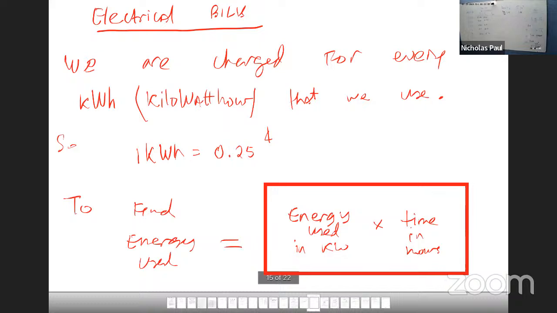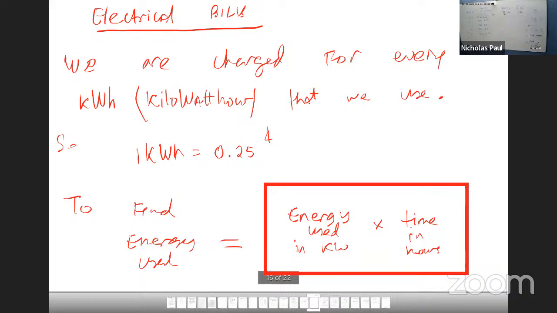You multiply the kilowatts and the hours, so that's good. Time is in hours, right? But what is in kilowatts?